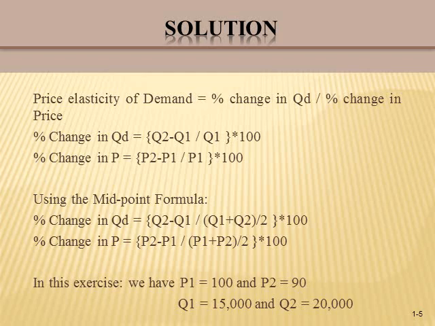Then we will apply the formula in a very easy way. Then they told us that the quantity demanded is increasing from 15,000 per year to 20,000 per year. That means Q1 equals 15,000 and Q2 equals 20,000. Now it's very easy for us to apply the formula, the regular one and the midpoint formula.